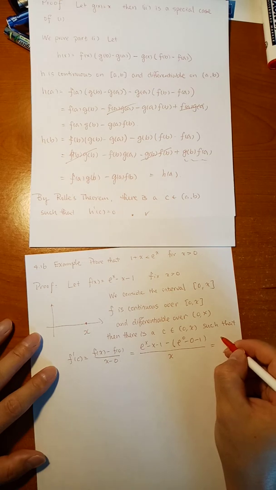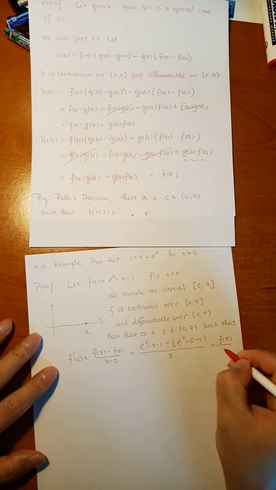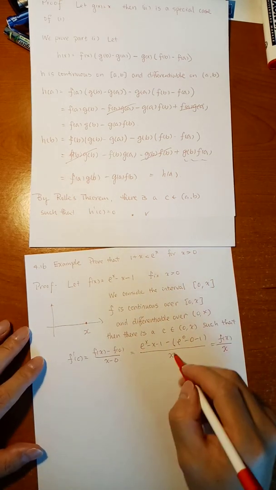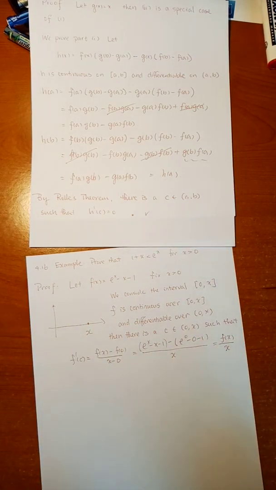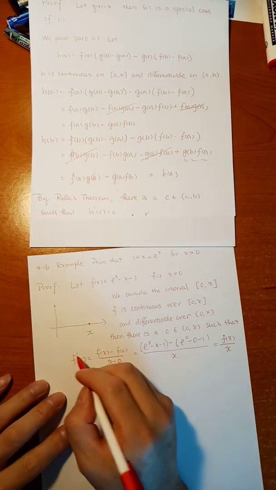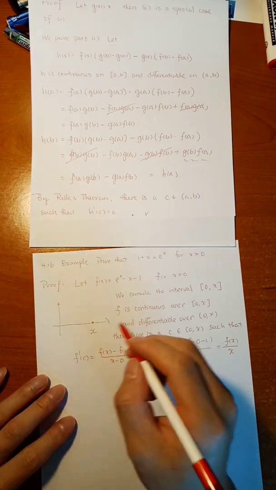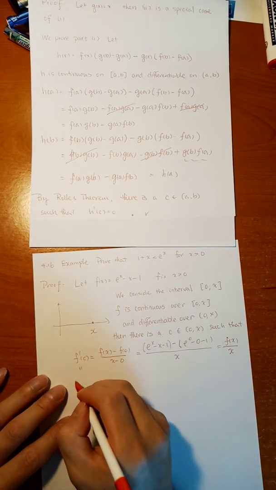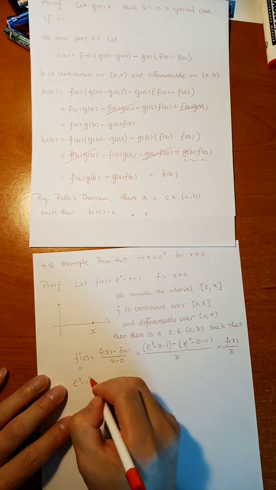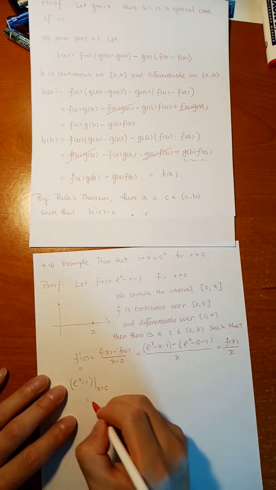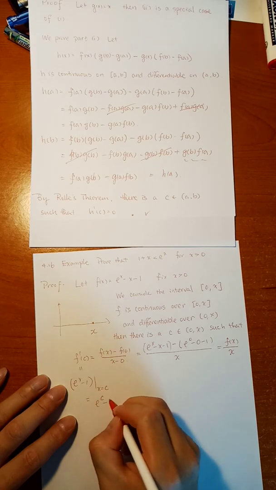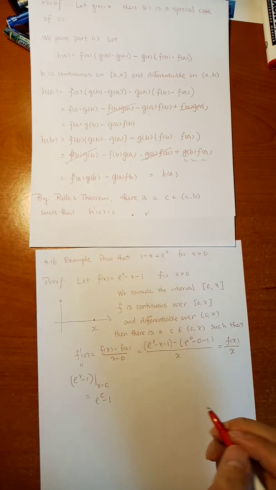So you only have f(x) over x on the right-hand side. We don't expand it. What is f prime? f prime is e to the x minus 1, evaluated at x equal to c. So this is e to the c minus 1.